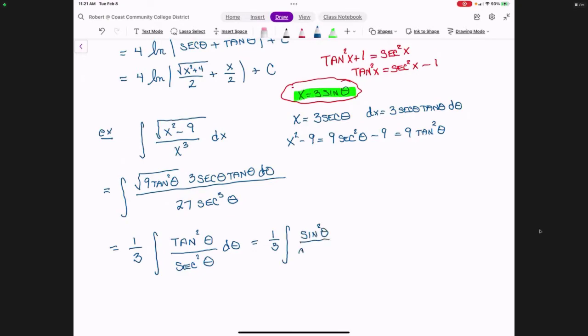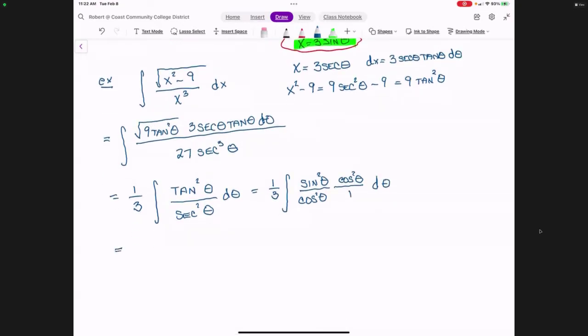Some of you don't need to do this step, but let's just do it. 1 over secant squared is cosine squared. And so what we're left with is the integral of sine squared theta, which we use that identity.